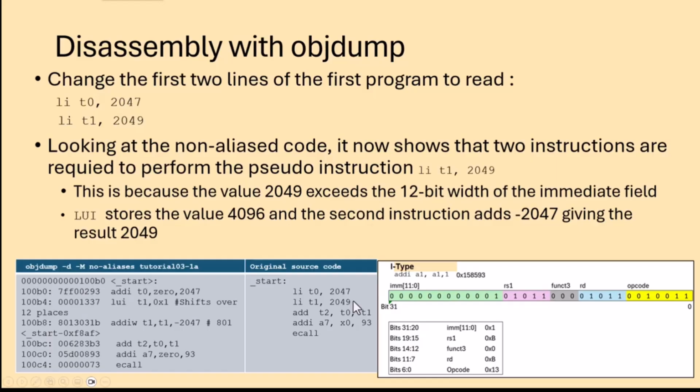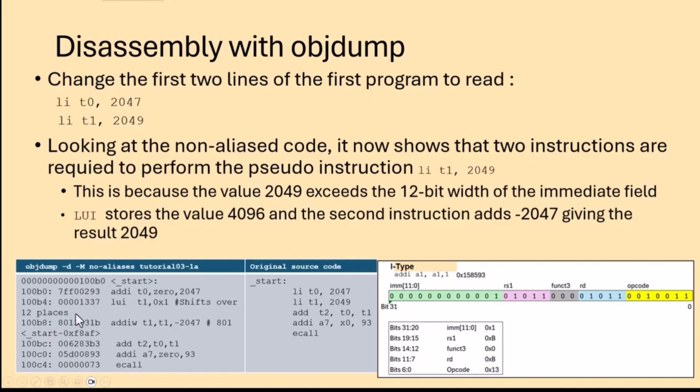That's fine. But when we look at the next instruction, loading the t1 register, we have to do this in a couple of stages. First of all, we have to do the LUI instruction, which again was mentioned briefly in tutorial 1. This will load in the value 1 and shift it over 12 places, so it'll actually be in the 13th place.